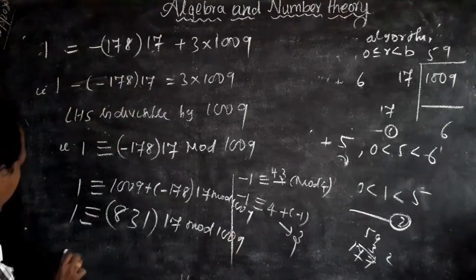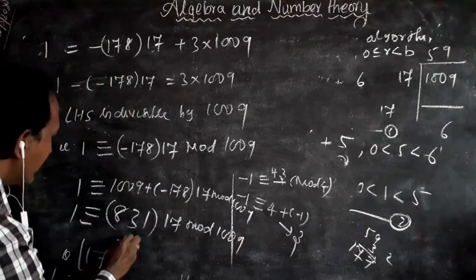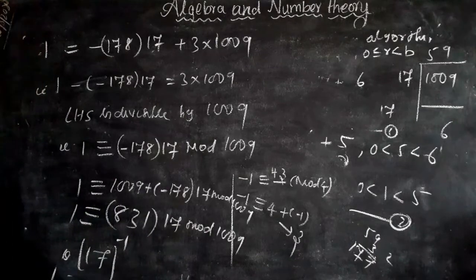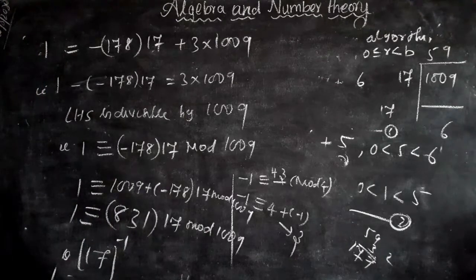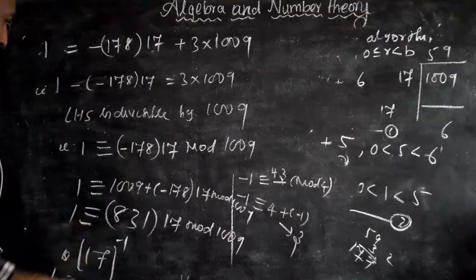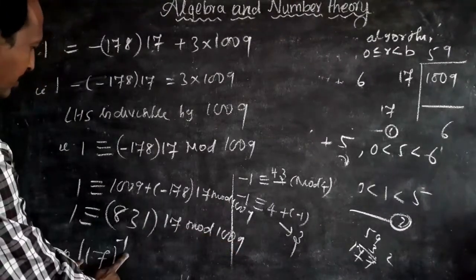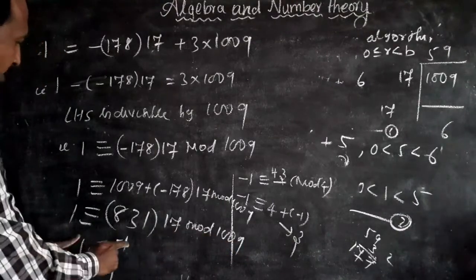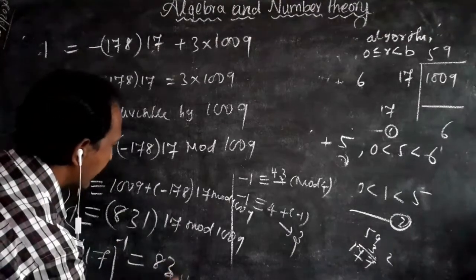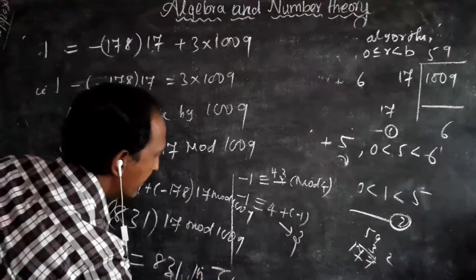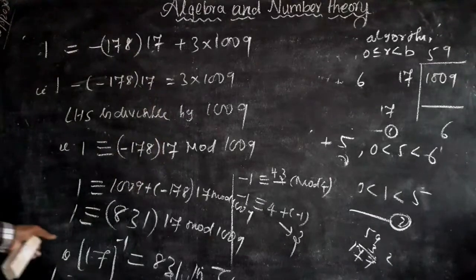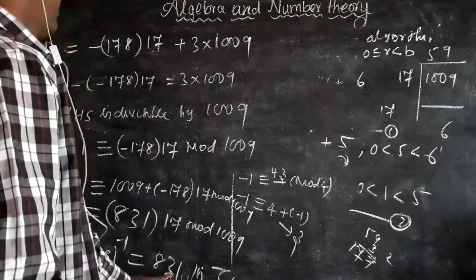So that is 17 inverse. 17 inverse is equal to this 831. So 1 is congruent to 831 into 17 mod 1009. So 17 inverse, that is 1 by 17, is 831 in Z 1009. So the inverse of 17 is 831.